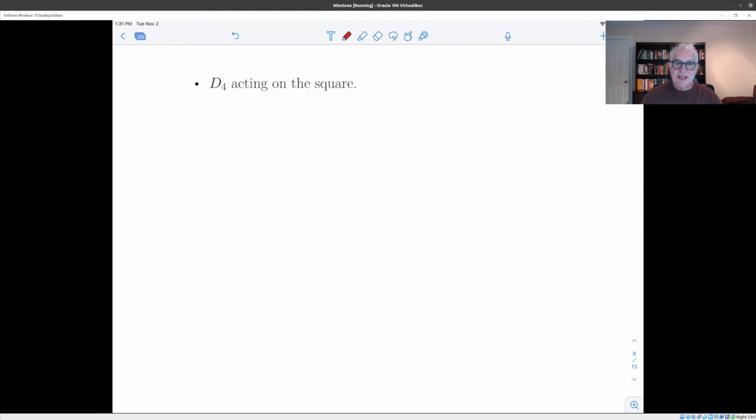Let's look at some more examples of actions and stabilizers, of orbits and stabilizers. So when D4 acts on the square, let's look at what is the orbit. Let's label the vertices 1, 2, 3, 4.